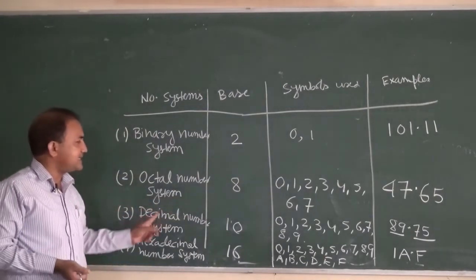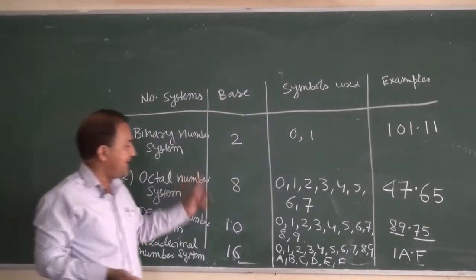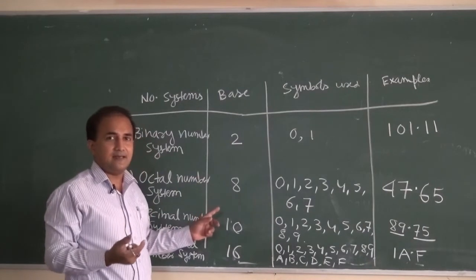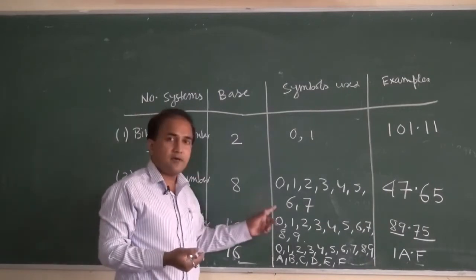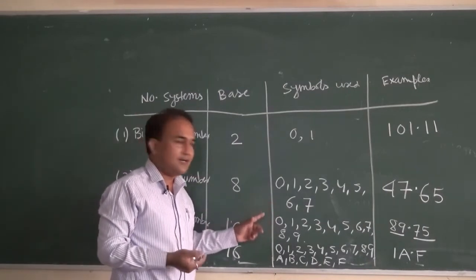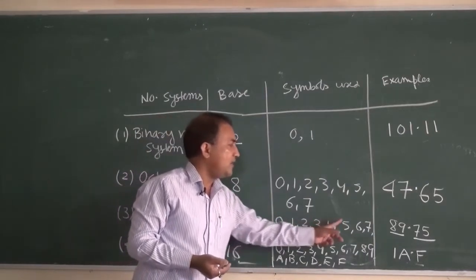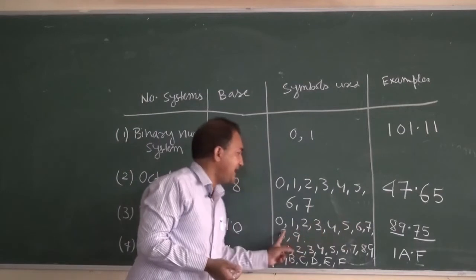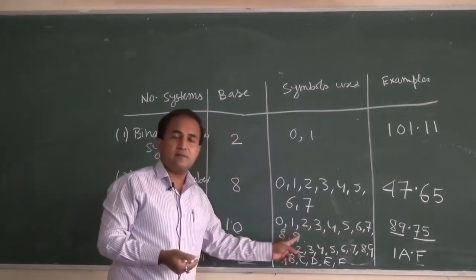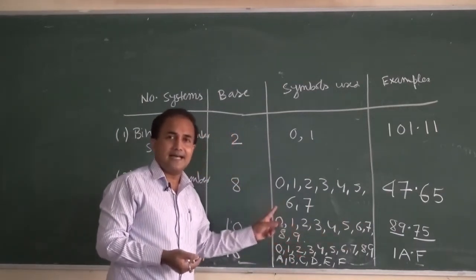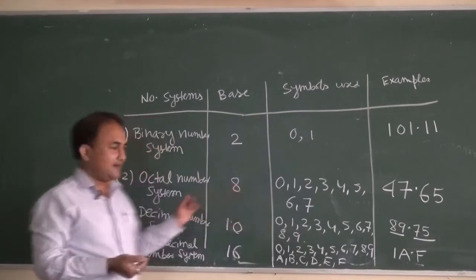In decimal number system, base is 10. Why is the base 10? Because the number of symbols used here is 0, 1, 2, 3, 4, 5, 6, 7, 8, 9. Total number of symbols used are 10. That is why base is 10.